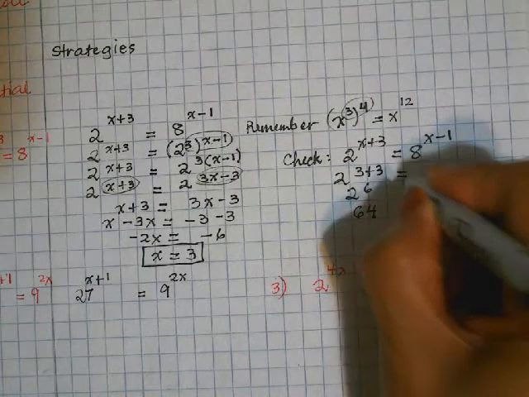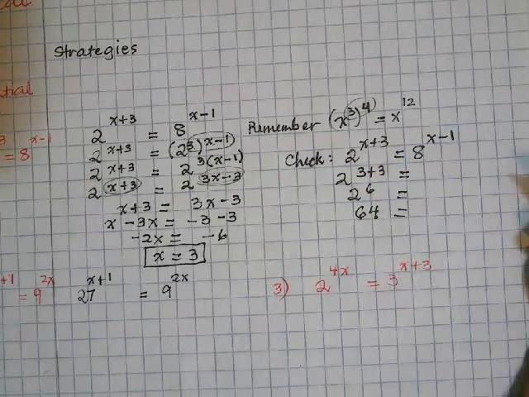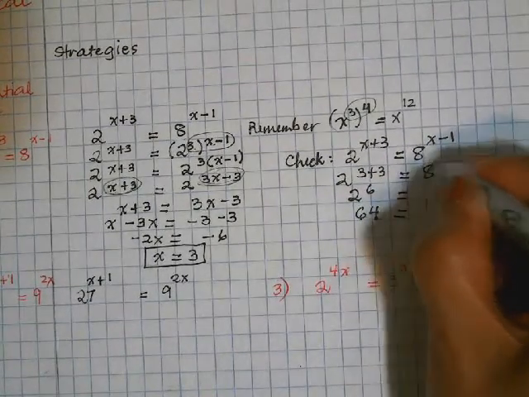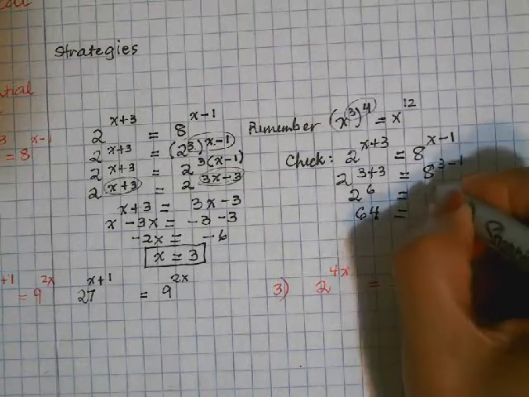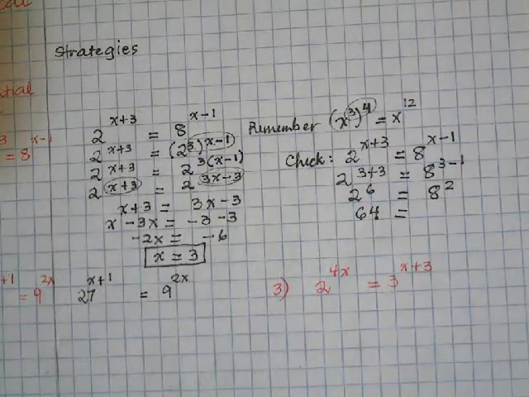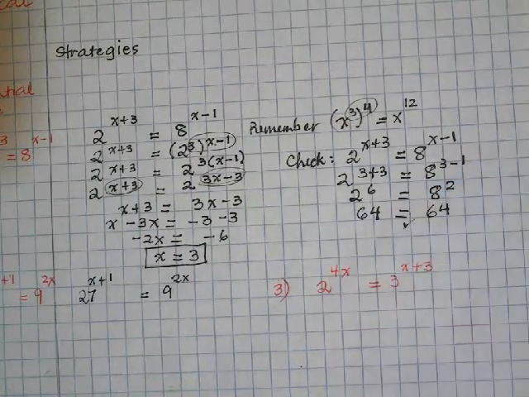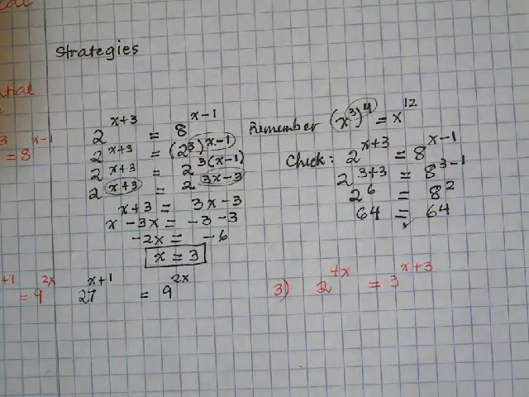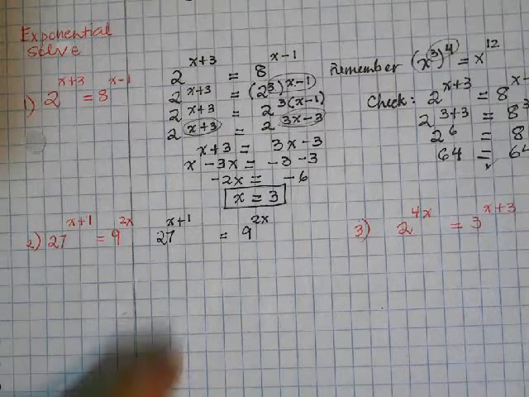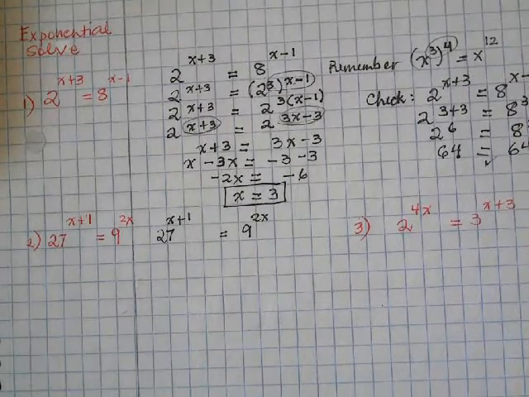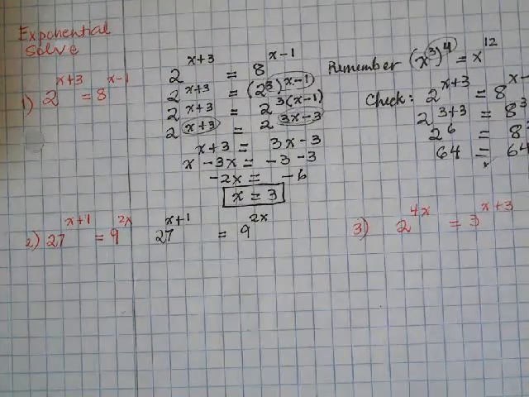Let's see if the other side is also equal to 64. 8 raised to 3 minus 1 is 8 raised to the second power, and that is also 64. So that's how you solve for the value of x. Can you try this one here using the same strategy? And I will see you in the next video.